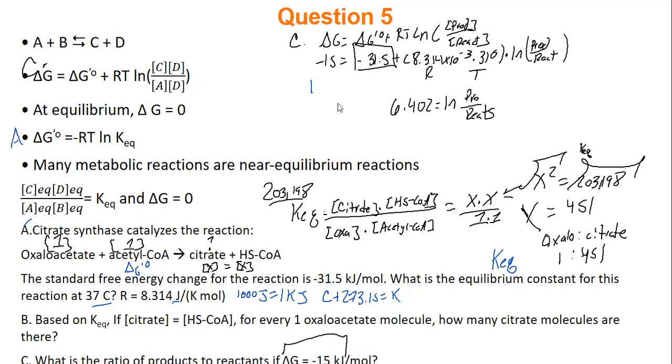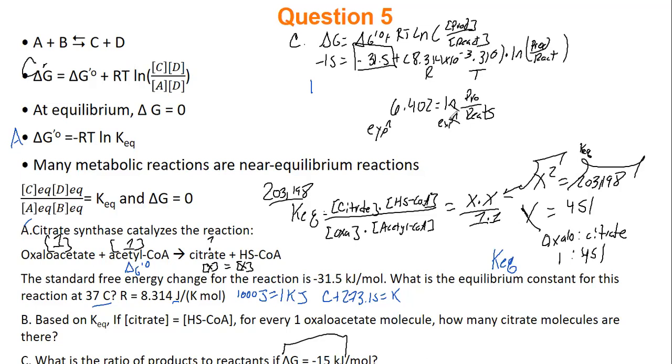All right, so once we have that, then we just solve for the relationship between products and reactants. So do the exponent of each side again. Oh, you couldn't see that? Oh, yeah. So that's what it says on the bottom there.